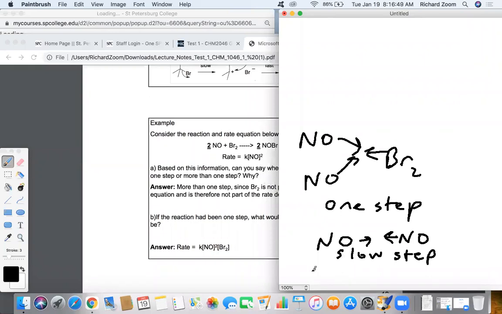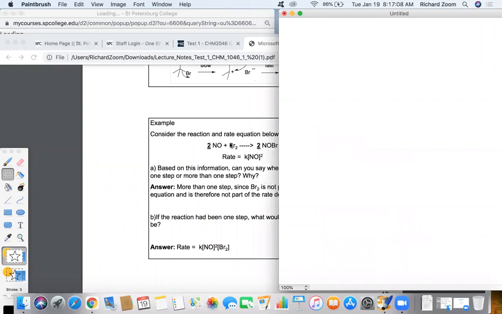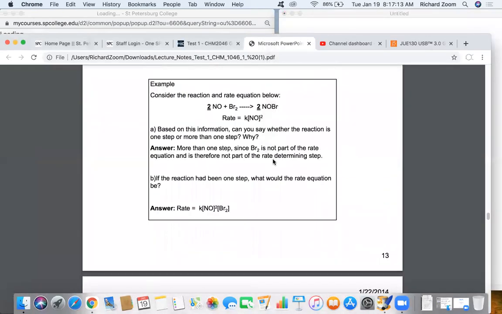And then the Br2 is happening in some sort of fast step later. So that's what it's really like. This is what it would be if it was one step. Everything would be involved all at the same time. Okay, anybody got any questions? Okay, let's take a look at the next part then.